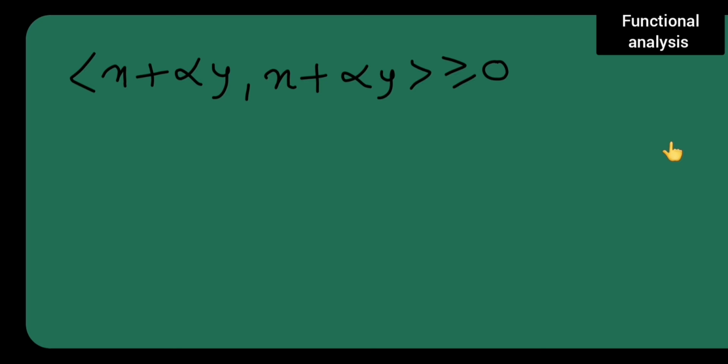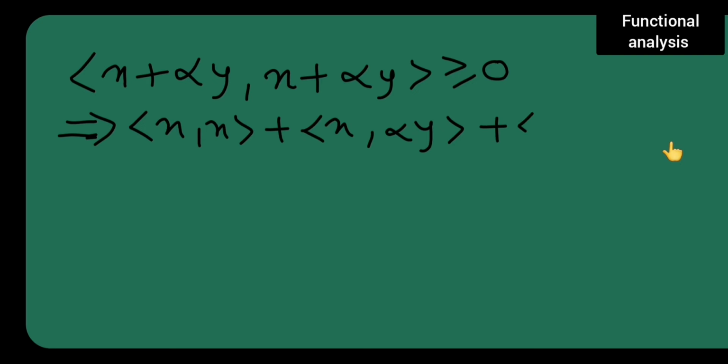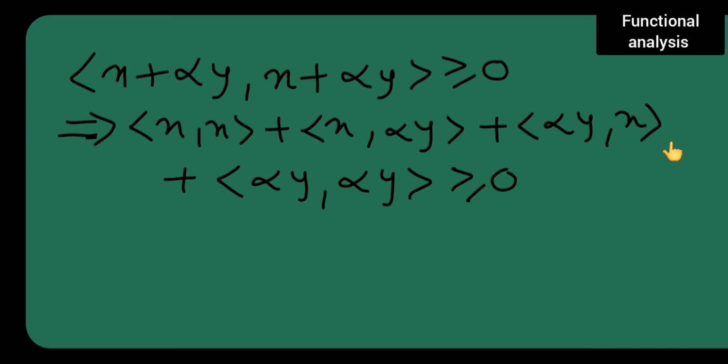Now this implies inner product of x comma x plus inner product of x comma alpha y plus inner product of alpha y comma x plus inner product of alpha y comma alpha y is greater than or equal to 0.